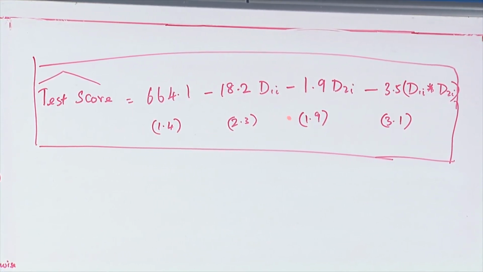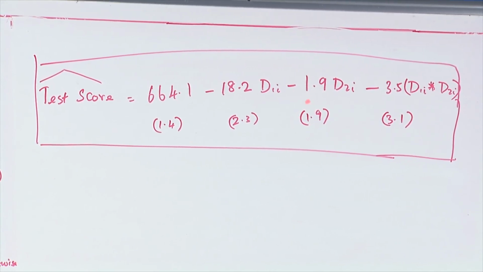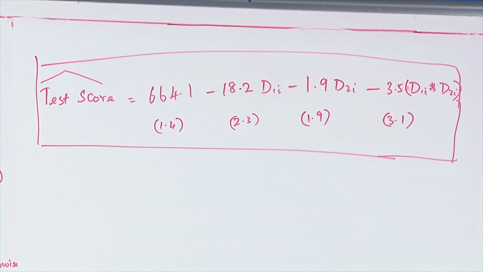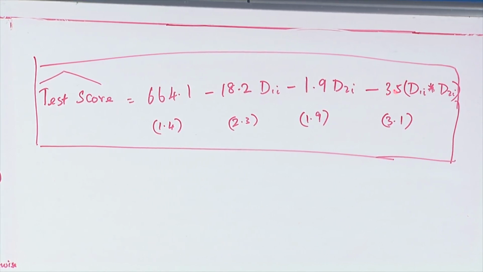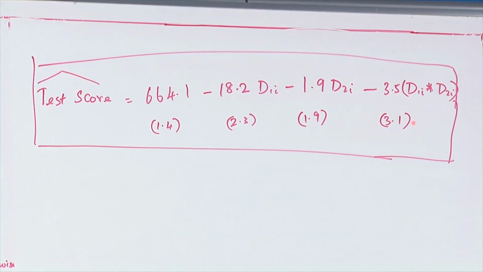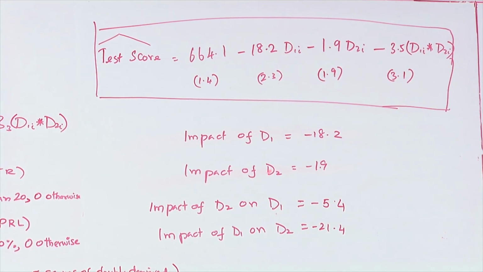The impact of the proportion of rural learners is measured by this one, and this one is the interaction effect, right. With this we can find the interpretation as discussed earlier. In this model, the impact of D1 is equal to minus 18.2, the impact of D2 is minus 1.9.